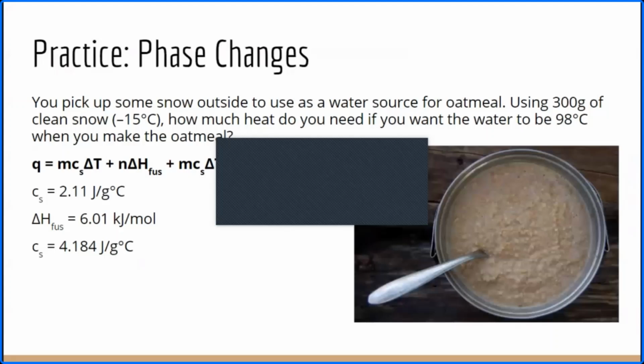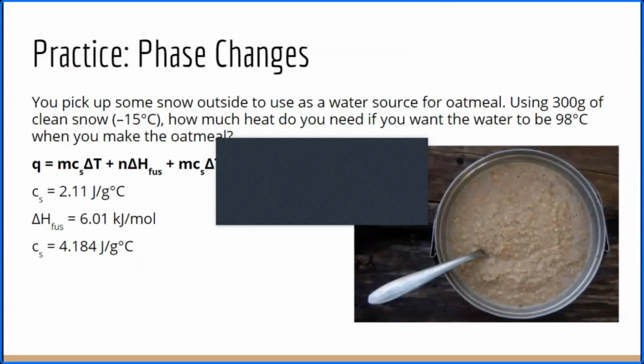As I mentioned, to find our total change in energy, we're going to need those 3 different equations. We need the one to heat it up to melting point, the n delta H fusion to fully melt all of the snow, and then the last one to raise the temperature from 0 degrees Celsius to 98 degrees Celsius.